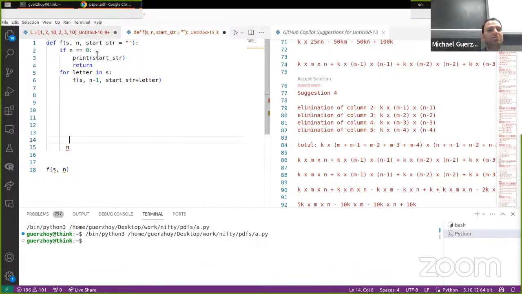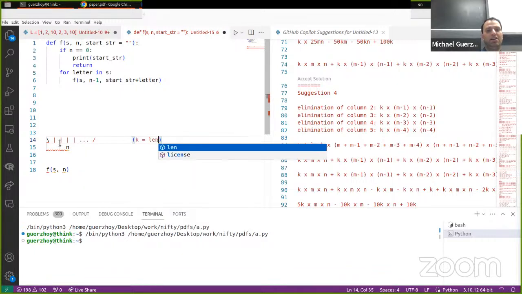And then what happens? We say for letter in S, so that means there are multiple calls here. How many calls are there? K, length of S calls, exactly.